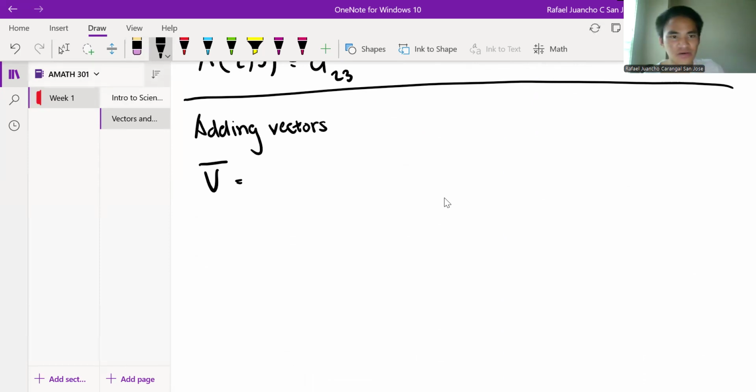And what can we say about this vector v? Well, it has n rows, n for nice, and we have this vector w, and it has m rows. These are still rows.